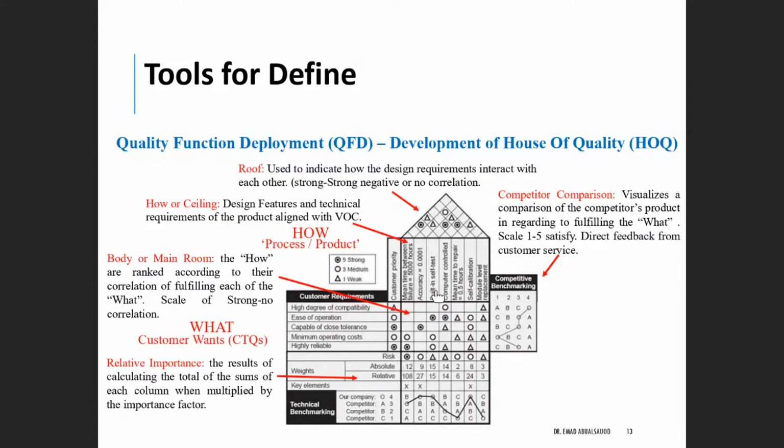Based on what? Based on the product you are developing, your designers, and also your customer requirements. The customer requirements, as we said, are on the side here, and you see it's titled Customer Requirements. They require a high degree of compatibility, ease of operation, capability of close tolerance, and so on.